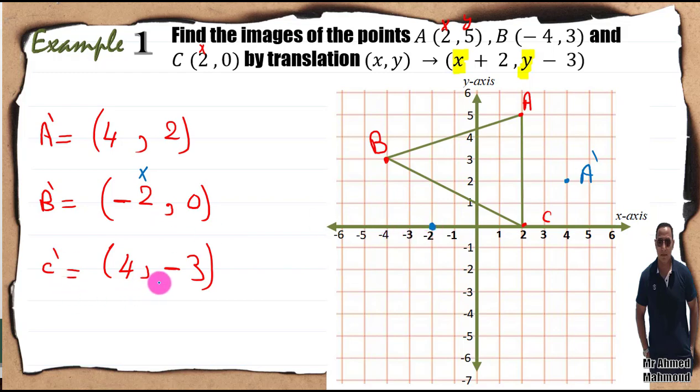And 4 and negative 3: 4 and go down to negative 3. This is C dash. After that I'm going to connect A dash, B dash, C dash like this to give me the image of triangle ABC by translation x plus 2 and y minus 3.